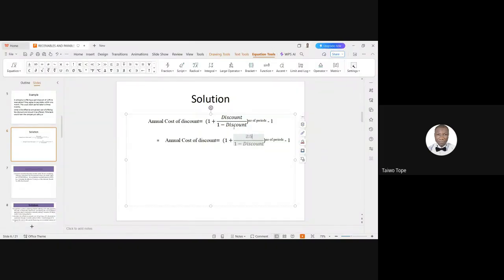This value here amounts to what you pay, but I'm putting it as 1 minus discount, so that when you go to other literatures, you begin to look for how to determine it. Your 1 minus the discount value here will give us what? 1 minus 2.5.